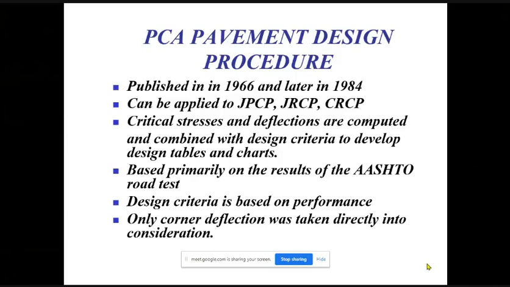It's an extension of the H2 road test method, and there is a design criteria. It is based on the performance, and these deflections you calculate, you consider here the corner deflection, and we all know that the corner deflection is the most critical deflection while you design a rigid pavement.